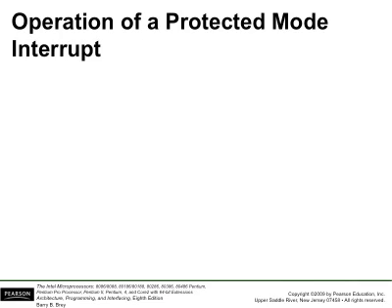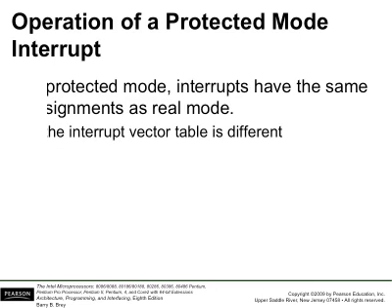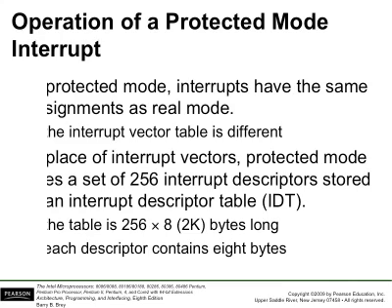In the protected mode, things are a little bit different, primarily because in the protected mode, the interrupt vector table is different, although the interrupt numbers are the same. In protected mode, the 256 interrupt descriptors are stored in a so-called interrupt descriptor table, or IDT.